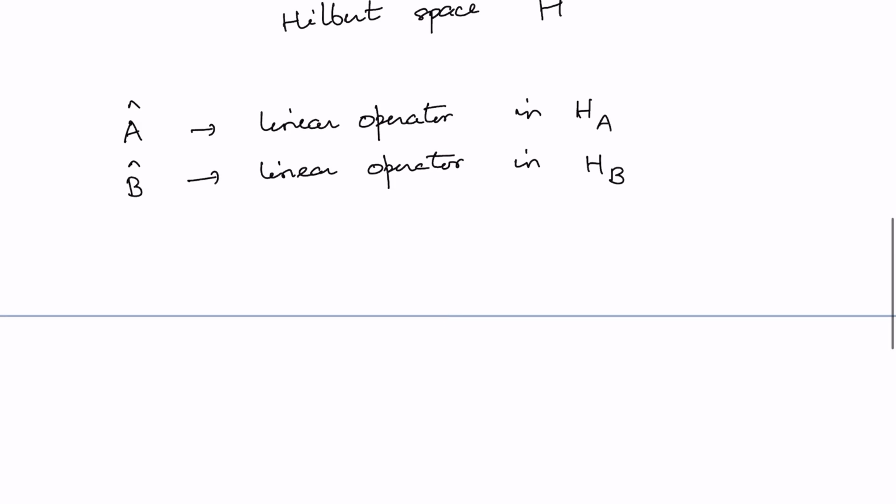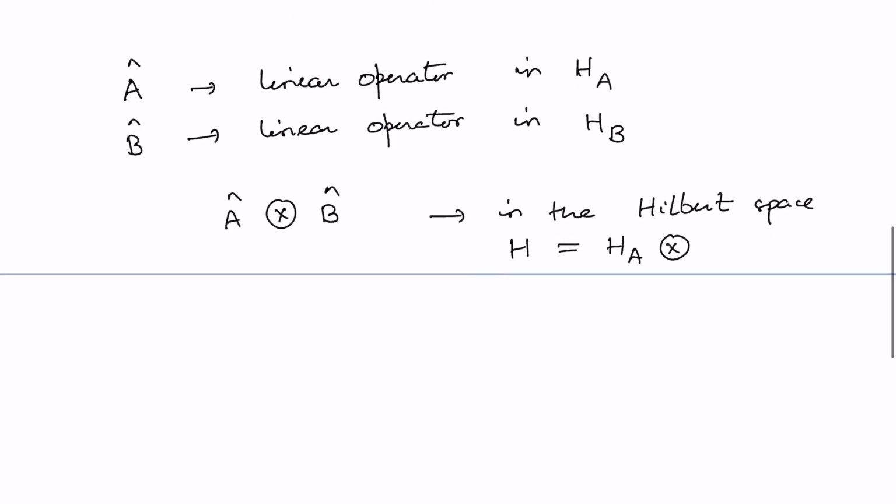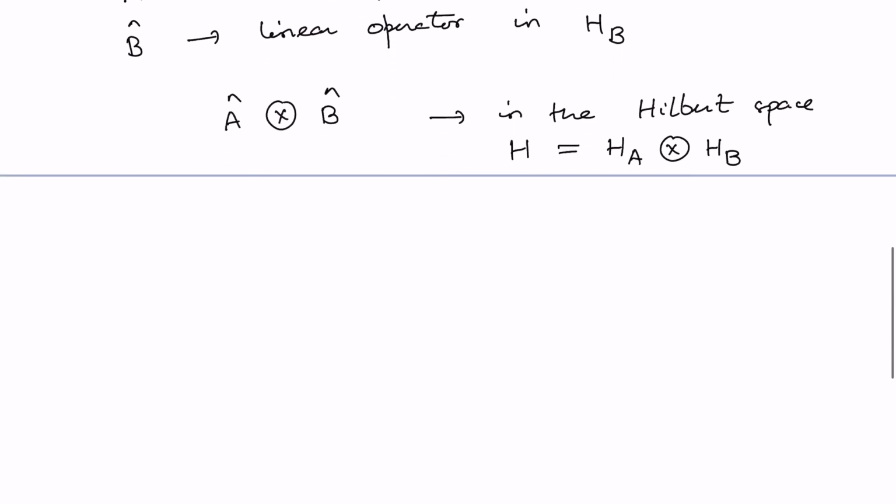Then in the composite or product Hilbert space, we can define an operator A tensor product B. This is going to be an operator in the Hilbert space H, which is the product Hilbert space constituted from HA, the Hilbert space corresponding to the system A, and HB, the Hilbert space corresponding to the system B.